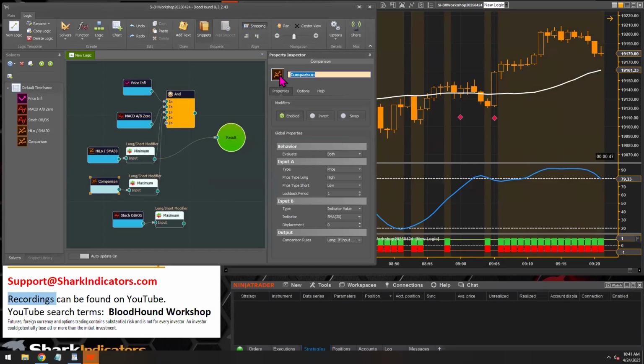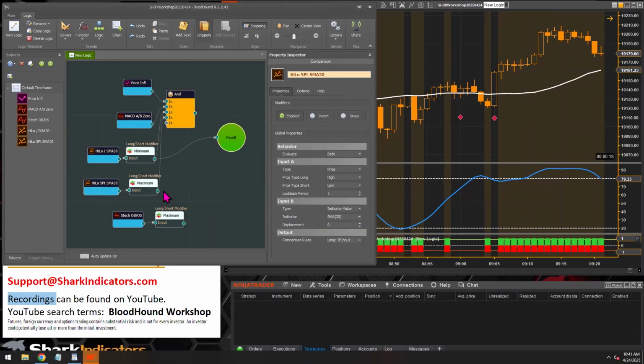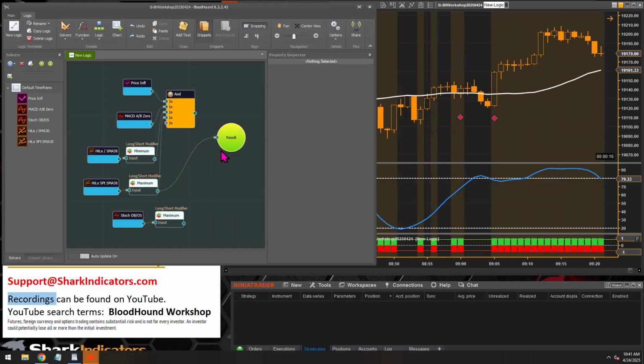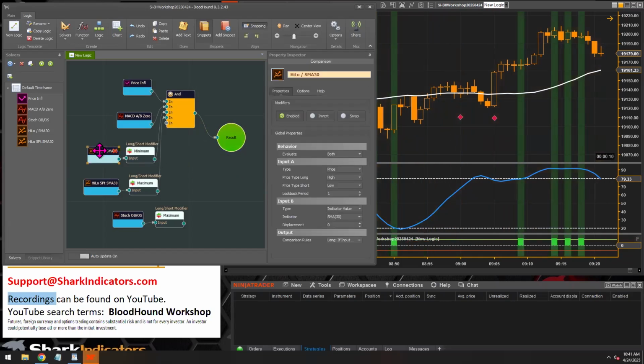And let me finish setting this new solver up here. Okay, that one's set up good. All right, there we go. Now I've got this first solver put back the way it should be.